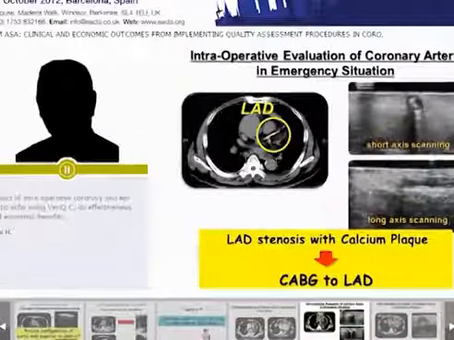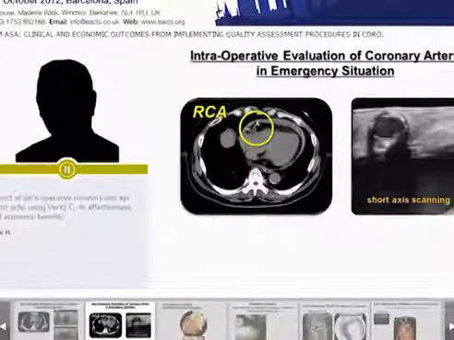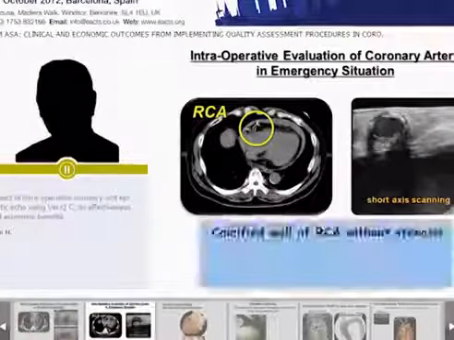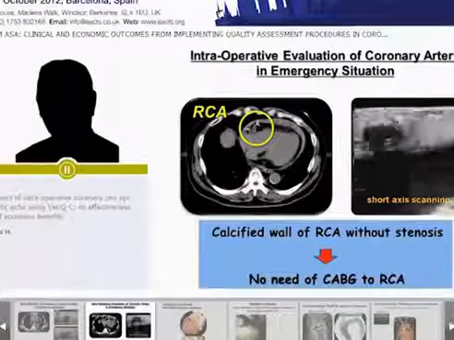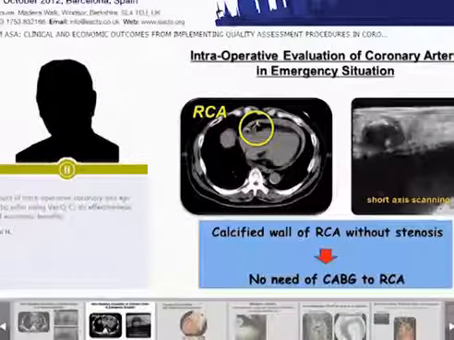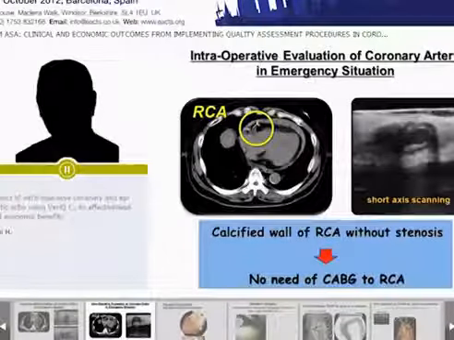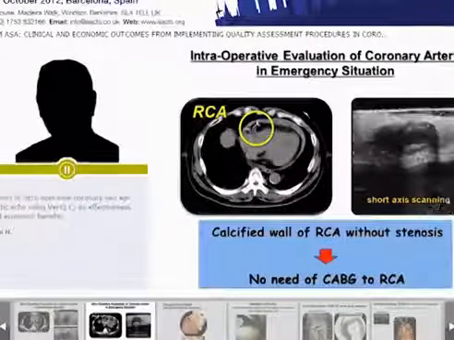Then I checked the right coronary artery. When I felt the outside, it was stiff. But when I checked it, there is calcium, but it's not stenotic. So I skipped the anastomosis to the right coronary artery. I think maybe this kind of procedure is applicable to the donor heart or heart transplantation.